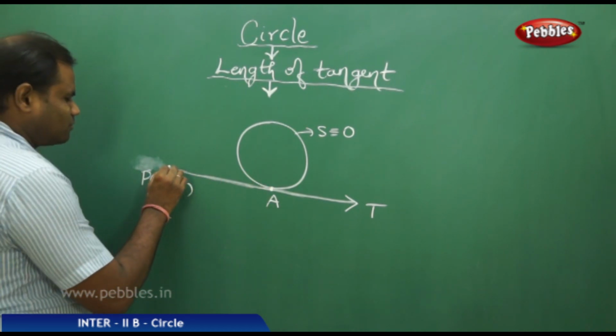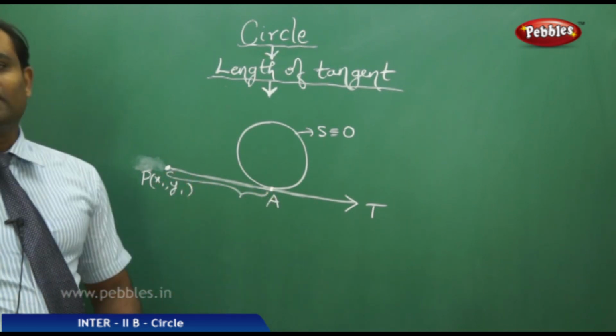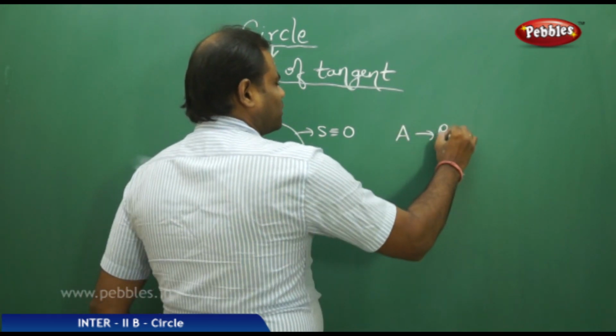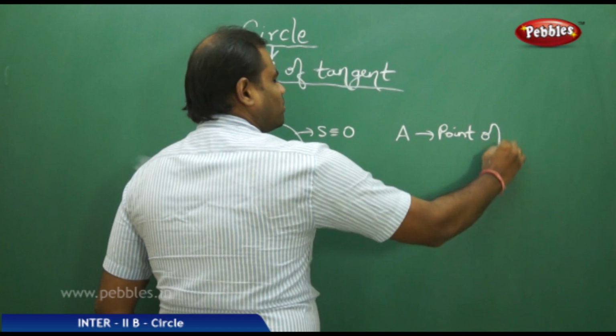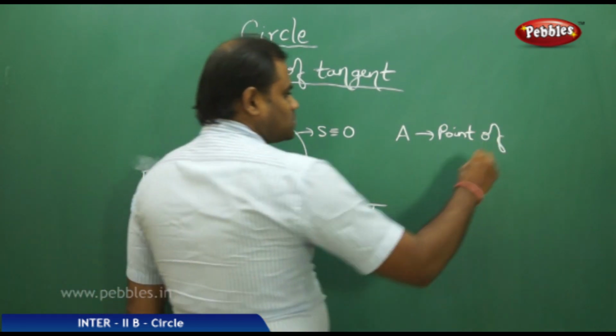This length from point P to the point of contact of the tangent is called the length of tangent. Here A is called the point of contact because this is the point where the tangent makes contact with the circle. So A is the point of contact.